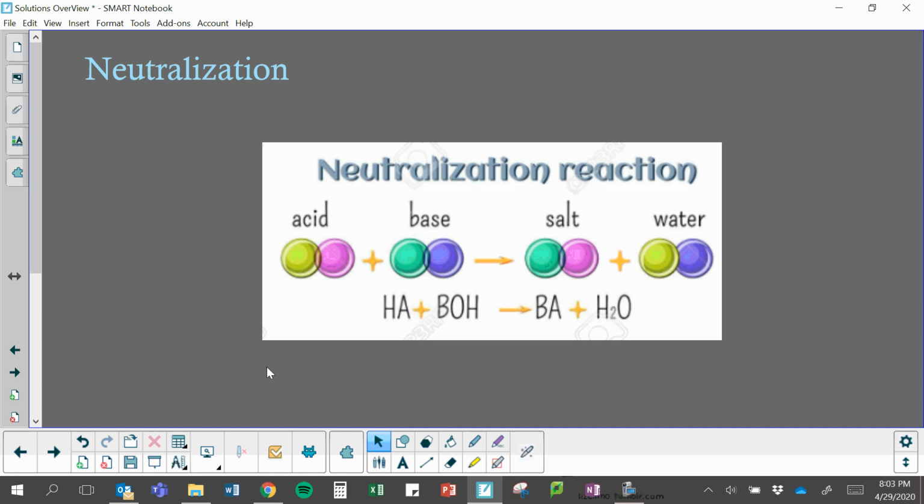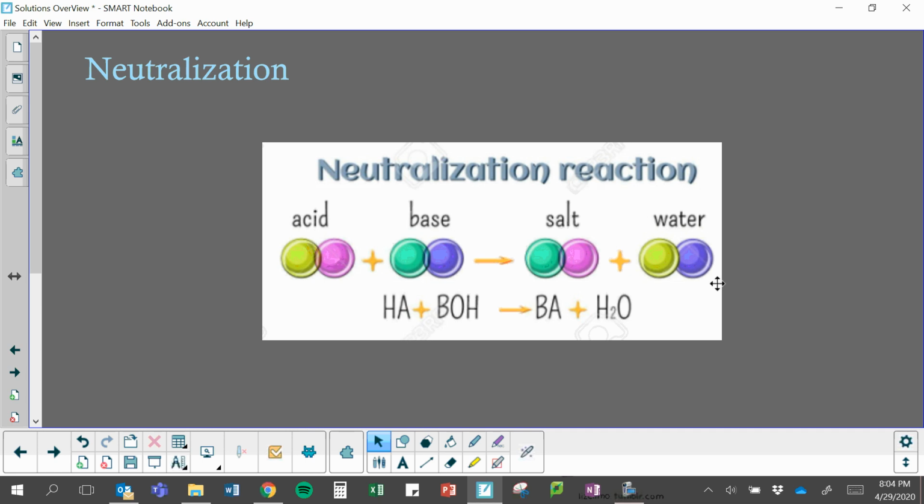Okay, another idea behind acids and bases is neutralization. So neutralization reactions is when we have an acid and we have a base and we put them together, we will have a reaction. This is a pretty common reaction that we have. So it's like baking soda and vinegar is a neutralization reaction, where we have an acid, our vinegar, and our base is the baking soda, and they react.